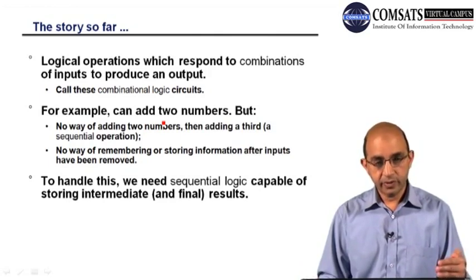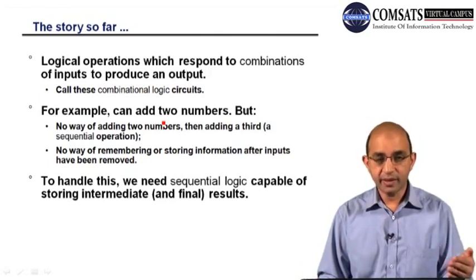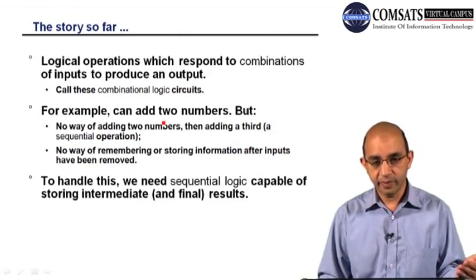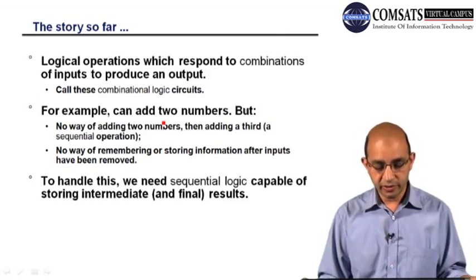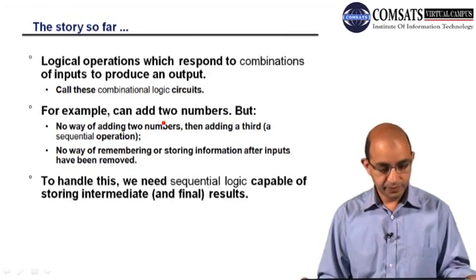We need something else rather than combinational circuitry. It means memory is involved, and then another signal which we have mentioned, the clock, is there, so we need sequential logic or sequential circuitry.